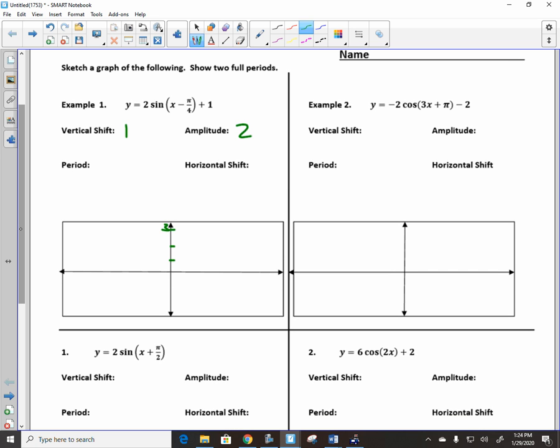What's the lowest the graph will go? Now you can see if the shift is 1 and the amplitude is 2, it's going to go up to 3 and down to -1. So I now have the vertical structure of my graph taken care of. I'm going to identify the period. I take 2 pi and divide it by the number in front of x. 2 pi divided by 1, I get 2 pi.